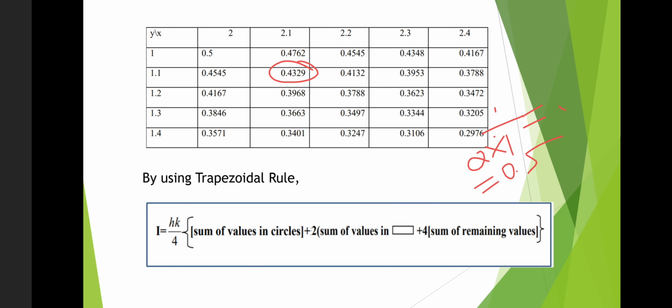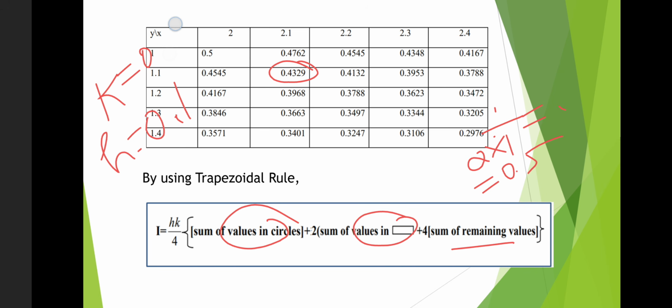Now we apply the double integral trapezoidal rule. The formula is I equal to hk by 4, sum of the corner values plus 2 times the sum of the boundary values plus 4 times the sum of the interior values. Here h is equal to 0.1 and k equals 0.1.